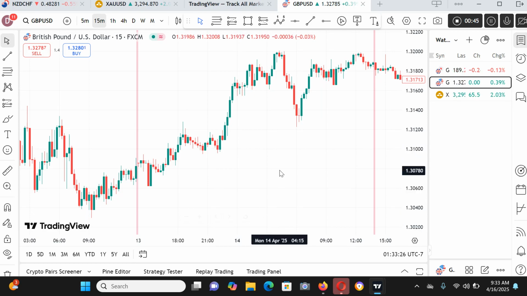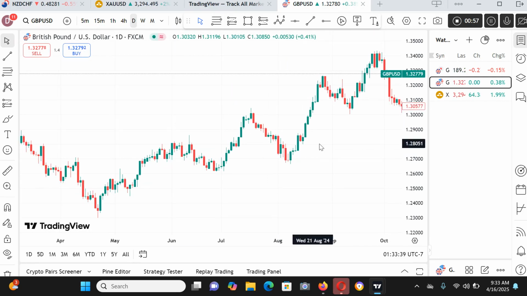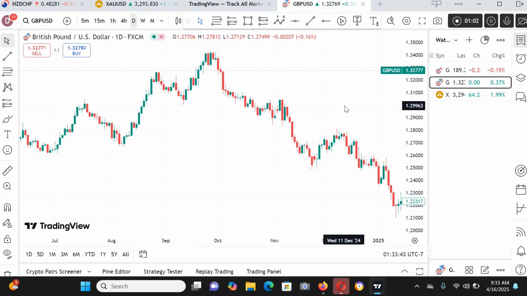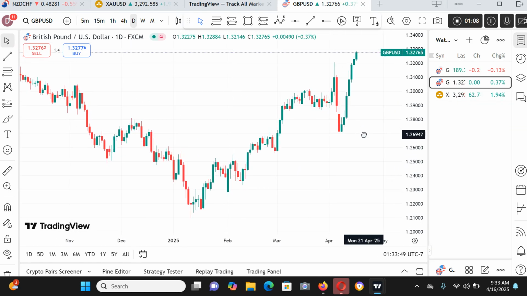Normally when I open my chart, the first thing I do is go to the daily time frame to determine the trend of the market. From what I'm seeing here on the daily time frame, you can look for the origin of the trend.